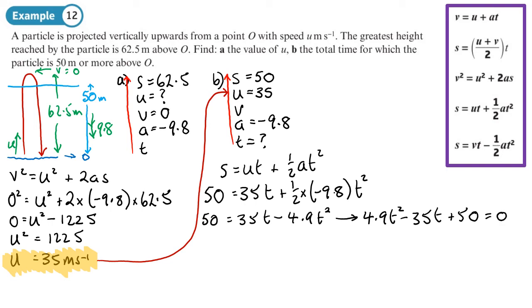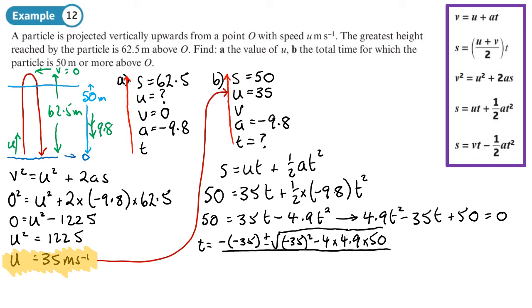So we'll use the quadratic equation to find our values of T. So T will be minus B, so minus negative 35, plus or minus the square root of B squared minus 4 times A times C, all over 2A, so 2 times 4.9.